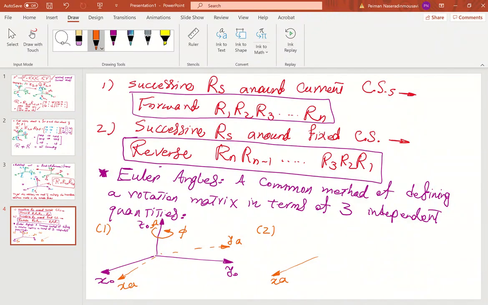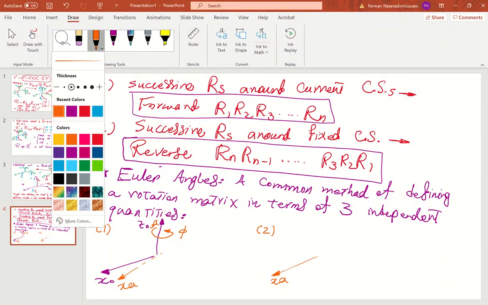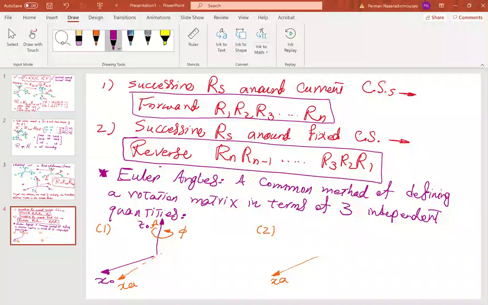Let me redraw it because I want to be consistent. Let me put this like this for simplicity. After rotation this is going to be ya. Okay, we are rotating, so it's going to be ya. So this angle is phi, and this angle is phi.